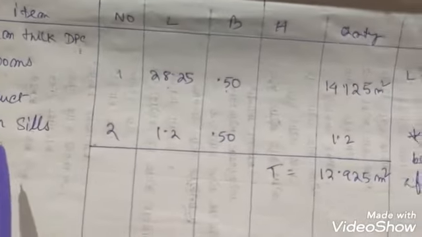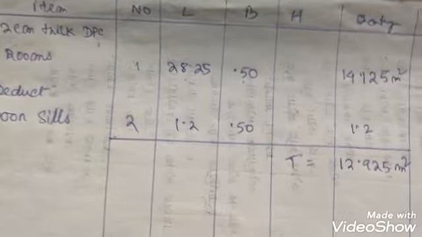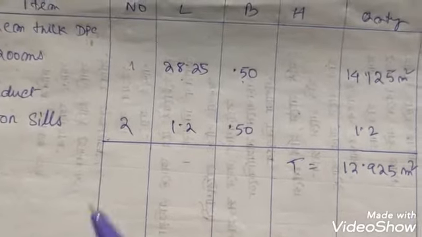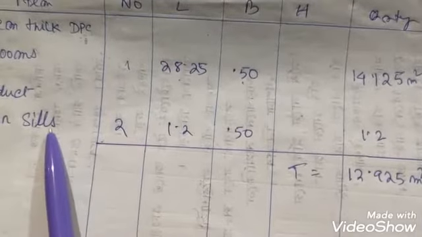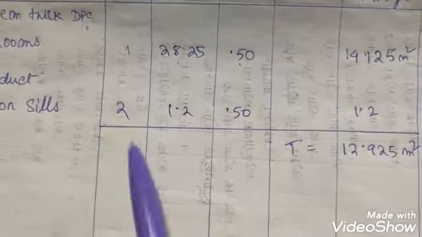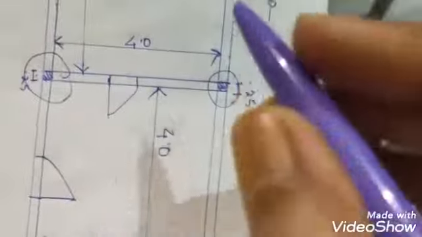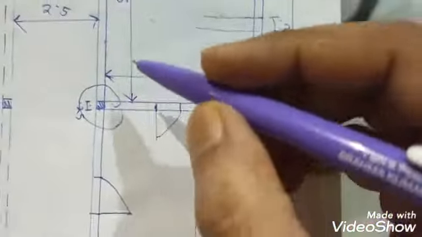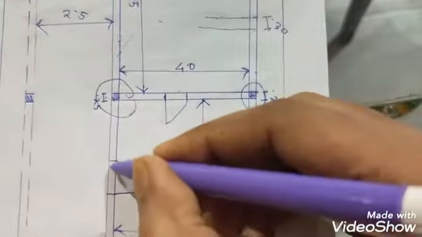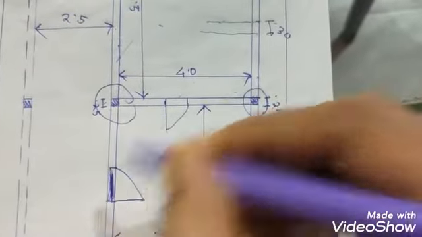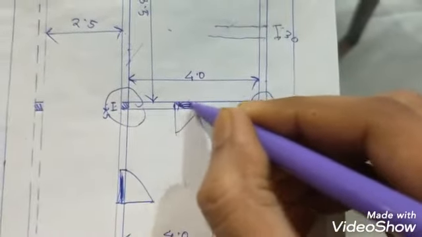Again, just like the earlier case that we have done in the long wall short wall method, we have to deduct the door sills. The door sills. Let us go back to the drawing. There are 2 doors. When we calculated this area, these 2 door sills were left out. So these 2 door sills have to be added.